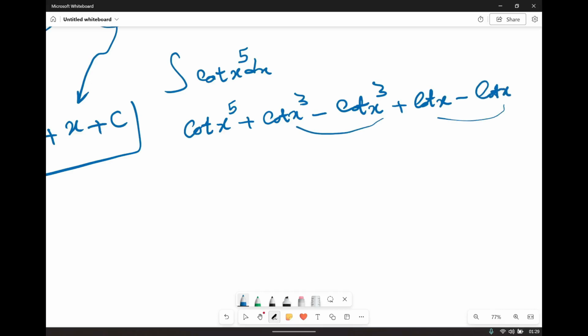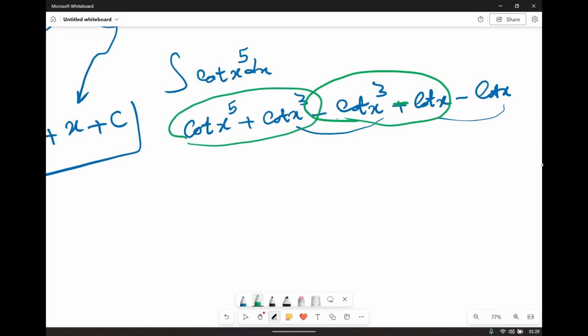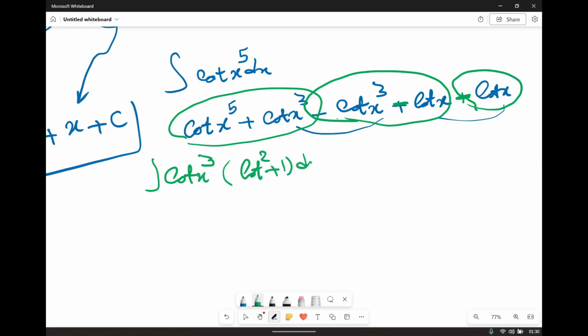To calculate the integral, I combine these and separate the rest. Our integral is cotangent x power 3 times cotangent power 2 plus 1 dx, minus the integral of cotangent x power 2 plus 1 dx, plus the integral of cotangent x.